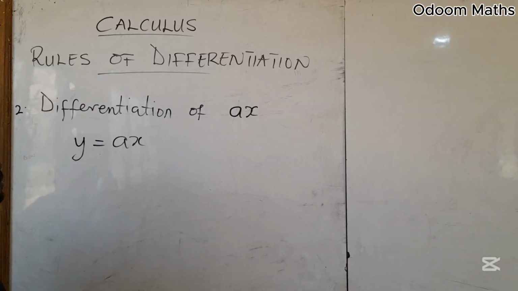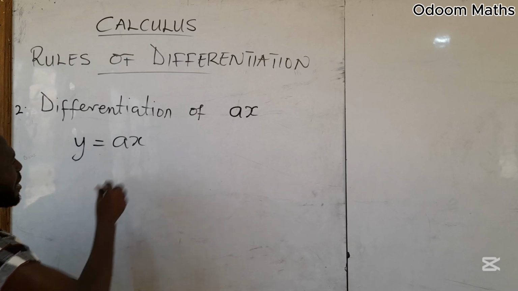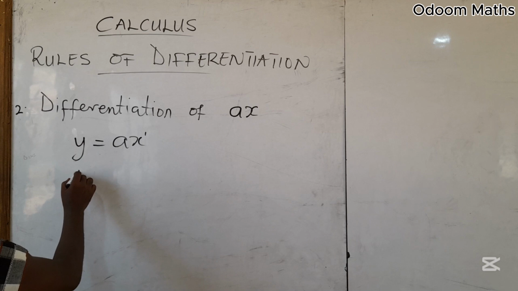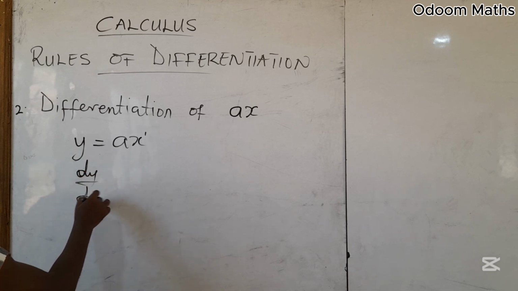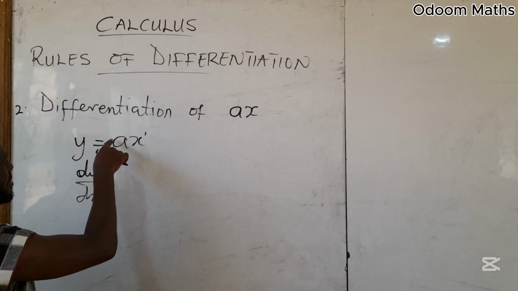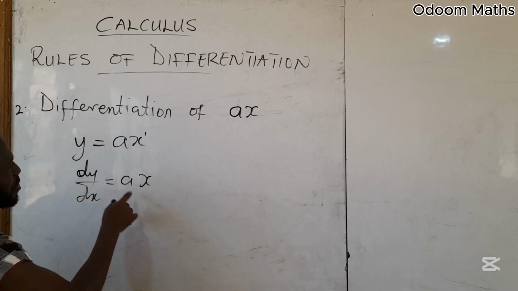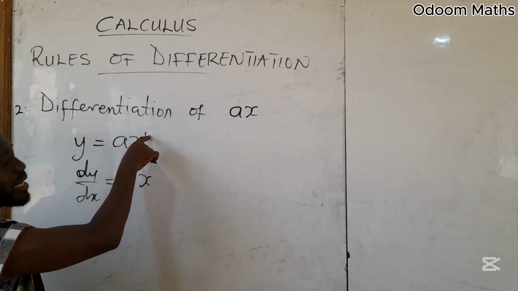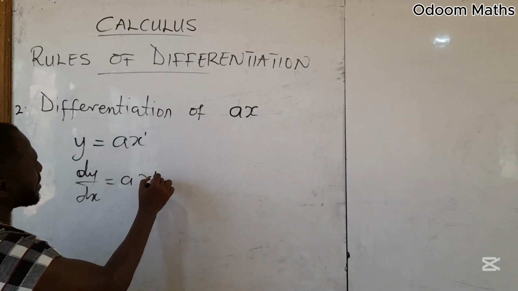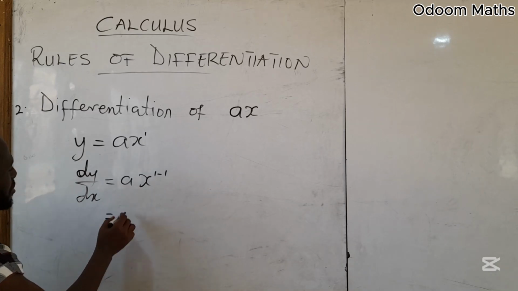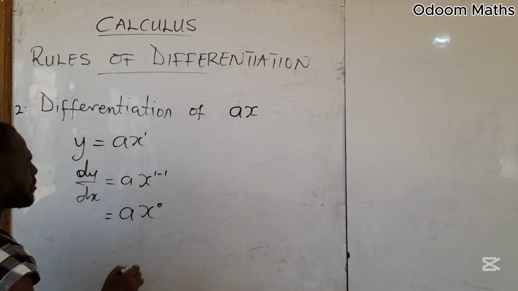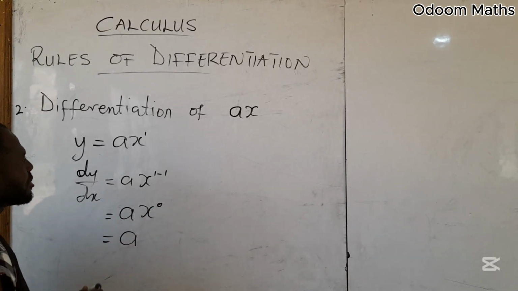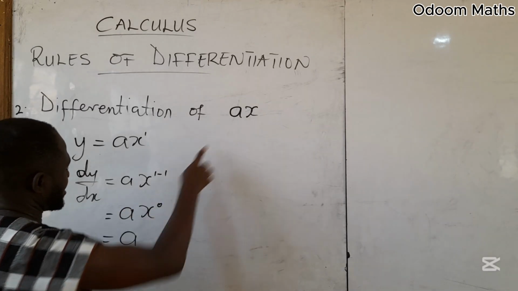Like we did earlier, x has a power of 1, and we need to subtract 1 from it. dy/dx becomes 1 times a, which is a, times x to the power 1 minus 1, that is a x to the power 0. Any number to the power 0 is 1, so the answer becomes a. So when you differentiate ax, you get a.